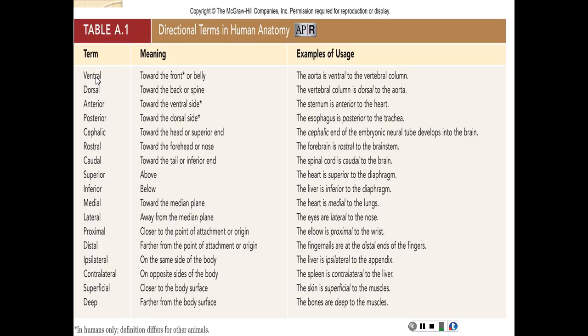Ventral is basically the front or the belly. Dorsal or posterior, we're dealing with the back. The dorsal is dealing with the back or the spine.